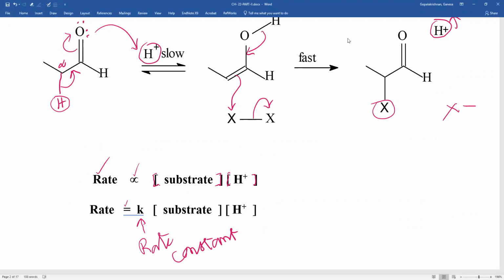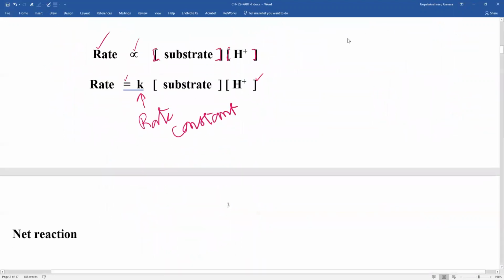So what is the meaning of this equation? If you double the concentration of the acid, the rate of the reaction will double, occur twice as fast. If you double the concentration of the substrate, the reaction will occur twice as fast. Pretty simple.